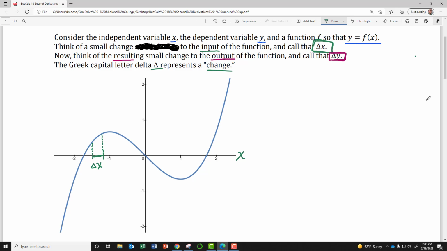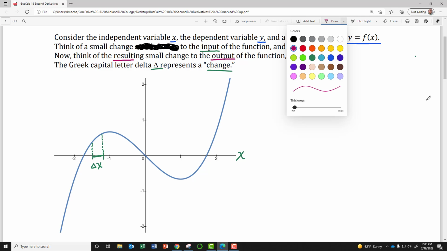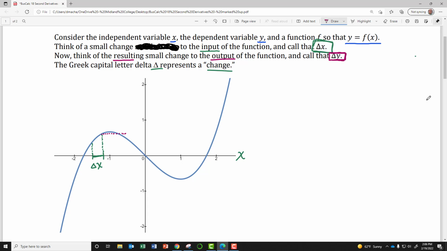Each end of this interval is going to map to some value in the output of the function. So this is my y-axis. Basically what we're saying is that for some change in the input of the function, that results in some change in the output of the function. So we're calling delta x and delta y the very small change in the input and the very small change in the output that results from that change in the input.